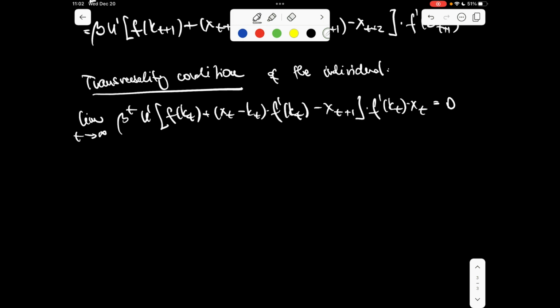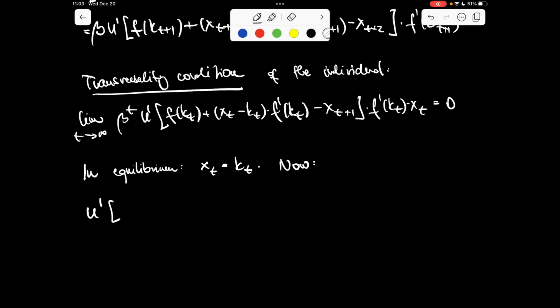In equilibrium, the individual's capital stock is the generally owned capital stock. In this case, we have the following Euler equation and the following transversality condition.